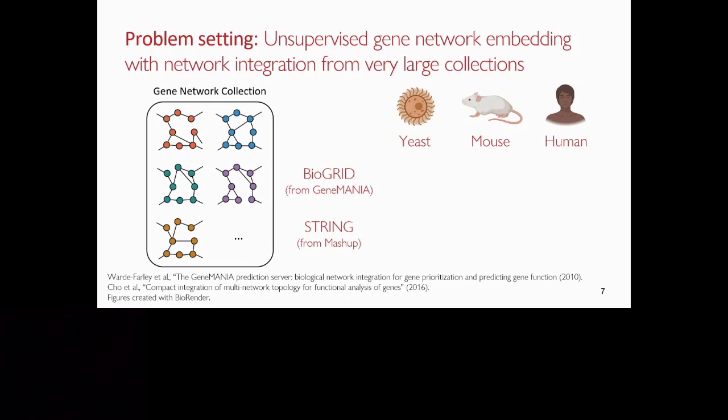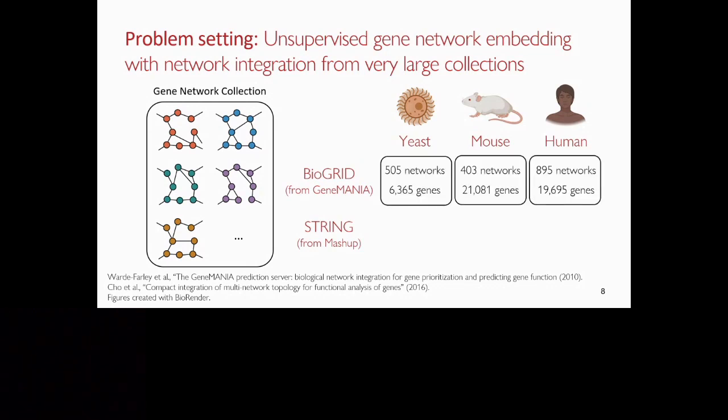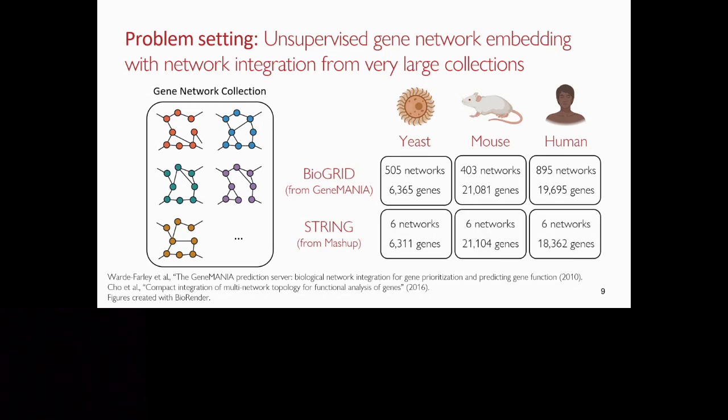Both of these collections contain sub-collections for yeast, mouse, and human. In the BioGrid dataset, there are hundreds of networks for each species, with the fewest at 403 in mouse and the most at 895 in human. And STRING contains 6 networks for each species.